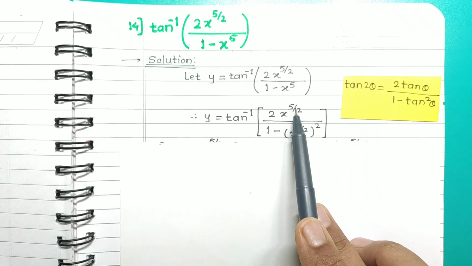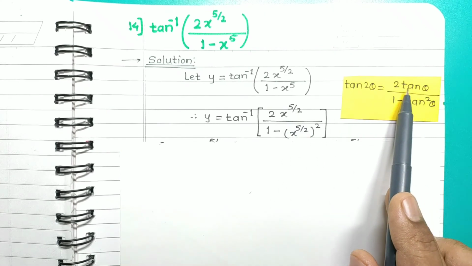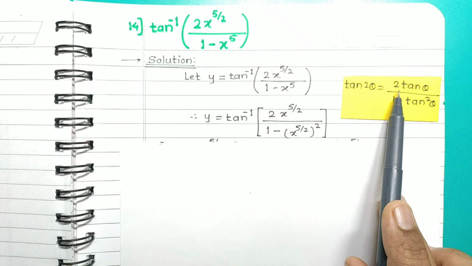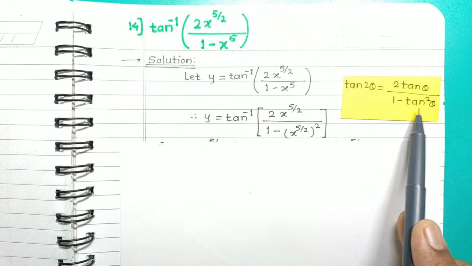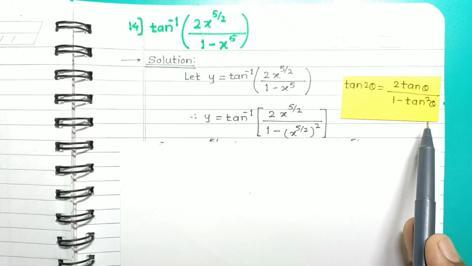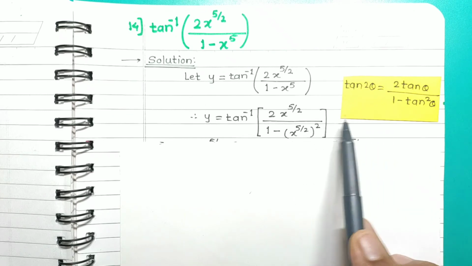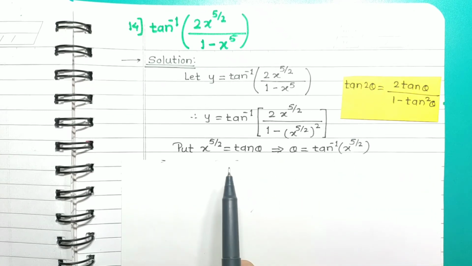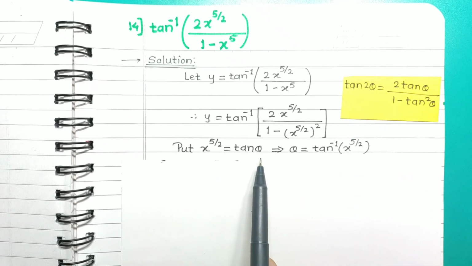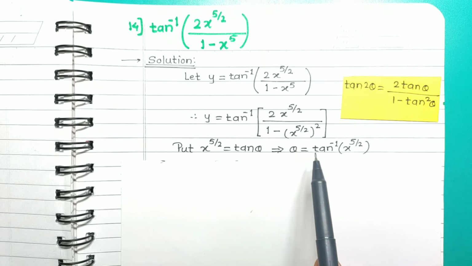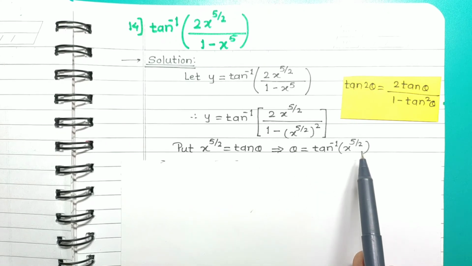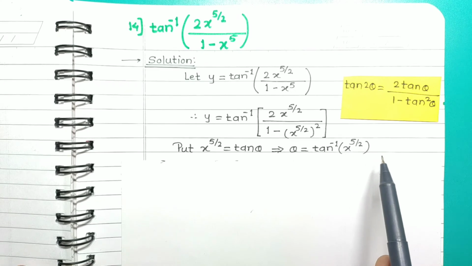If we put x raised to 5 by 2 as tan theta, we get terms like 2 tan theta upon 1 minus tan square theta. So observing these things, let's put x raised to 5 by 2 is equal to tan theta, and so this implies theta is equal to tan inverse of x raised to 5 by 2.